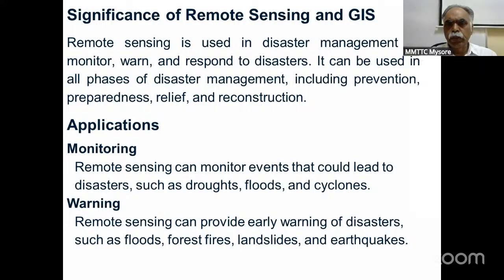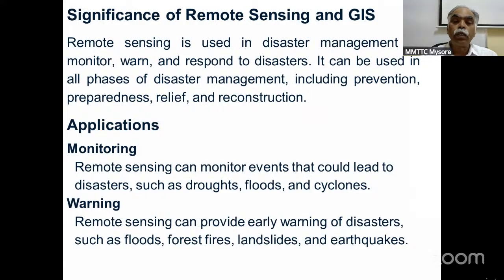So remote sensing is used in disaster management to monitor, warn, and respond to disasters. It can be used at all phases of disaster management, including prevention, preparedness, relief, and reconstruction. In a disaster, we have different phases. First of all, we have to have an inventory. Inventory is totally research based.